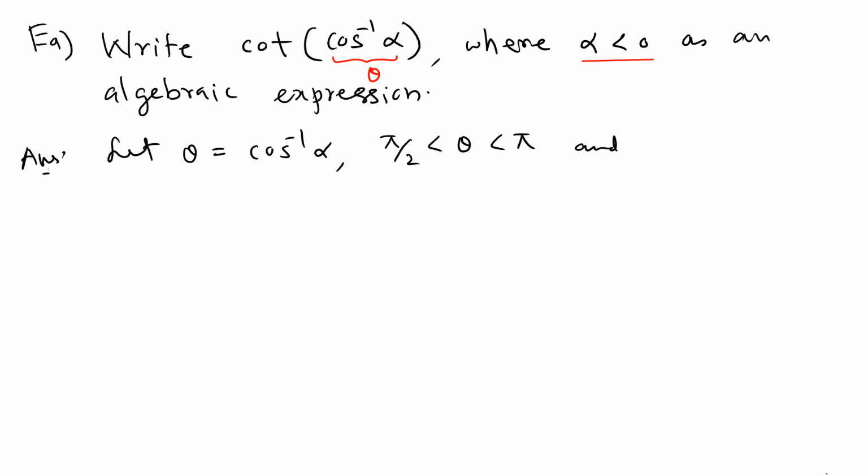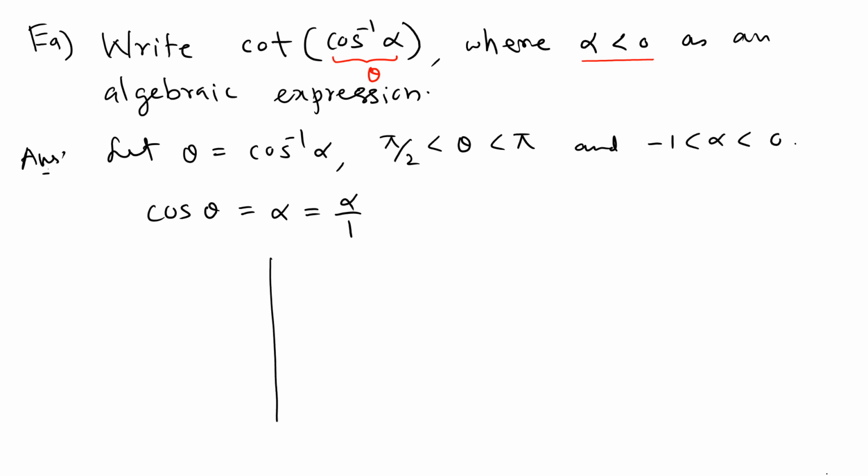So you notice that alpha is negative now, and also it has to be bigger than -1, otherwise cosine inverse is not defined here. So as before, cosine theta equals alpha, which you can write as alpha over 1. Then you can get the hypotenuse.